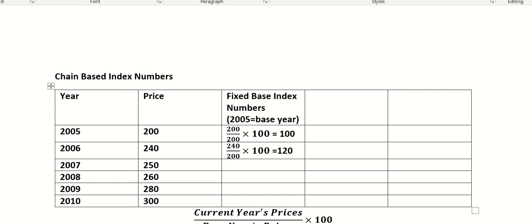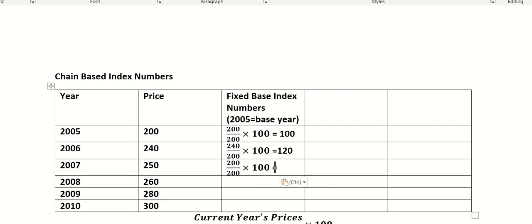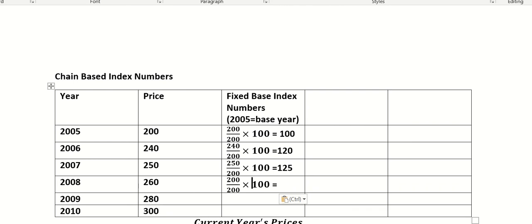Now similarly for the third year, the current year is 250. Here it is 250 divided by 200 into 100. So it comes 125. Again 260 by 200 into 100 becomes 130.